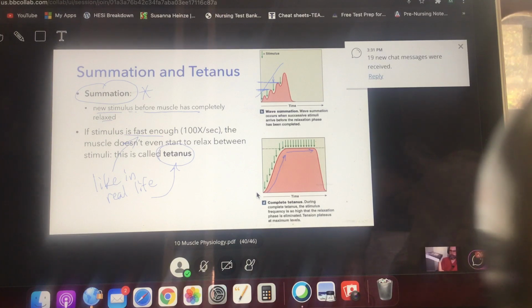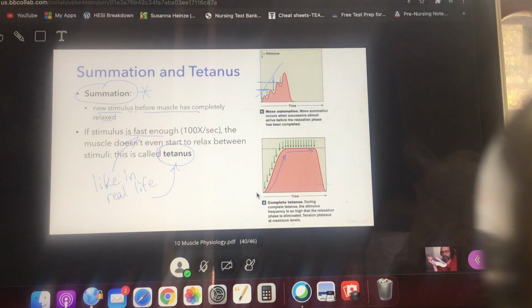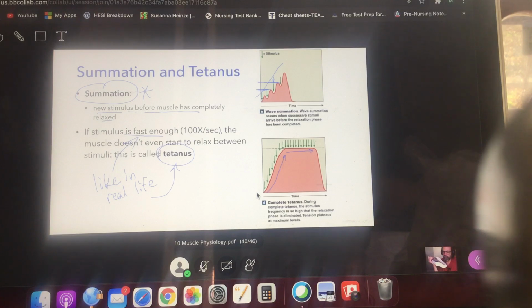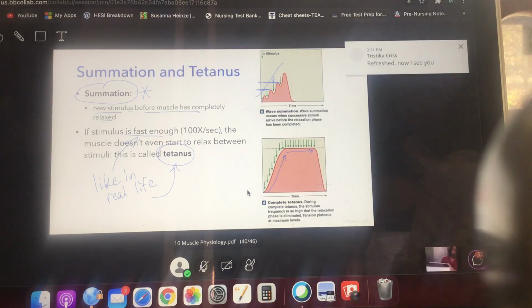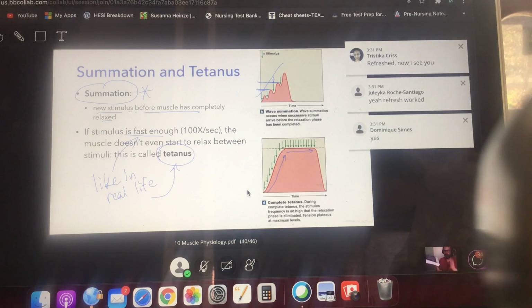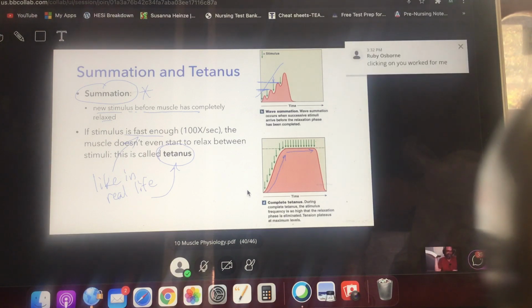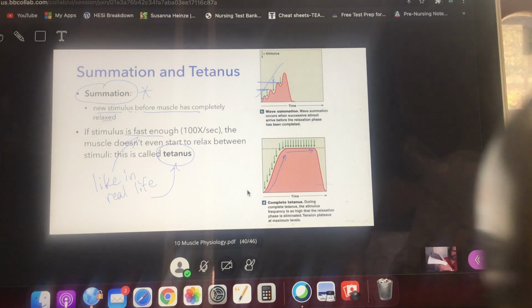Look, I'm sitting here holding a book for you. Okay, somebody's got to refresh. Hopefully that works. Okay, Tristika, click on me down in the corner. I might be too small. That might be the problem. Did refreshing work, Dominique? Okay, all right. I feel refreshed. This reminds me, I need to take a break in a second, get some water.